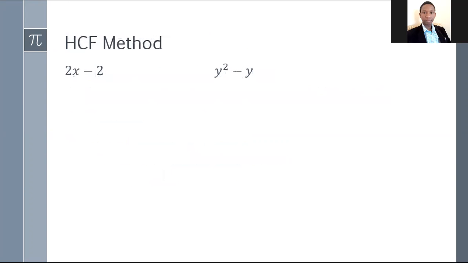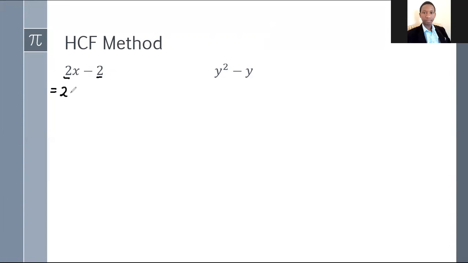The highest common factor method, the very simple and basic one, and we're looking here at a standard level 1 question. What you usually do here is look for the highest common factor between the two terms in this case, or among the terms that would have been given. Here we can see 2 is one highest common factor that appears in both terms.